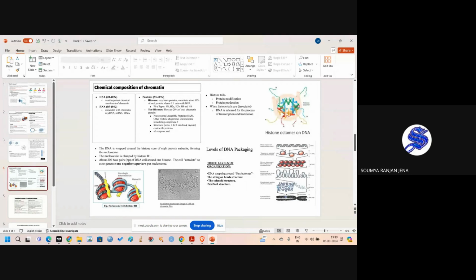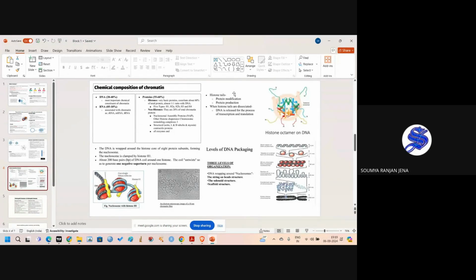In this nucleosome, 200 base pairs of DNA coil around one histone, and this coil generates one negative supercoil per nucleosome.